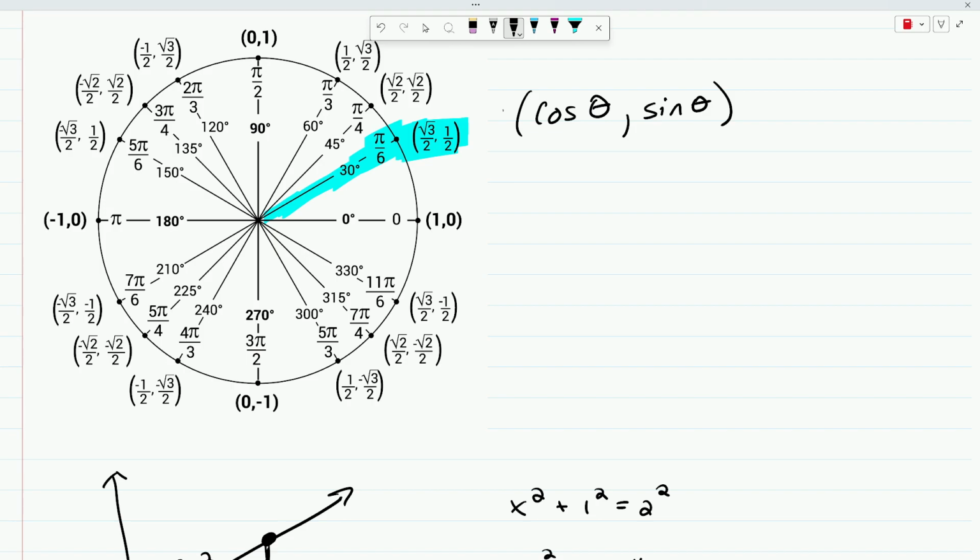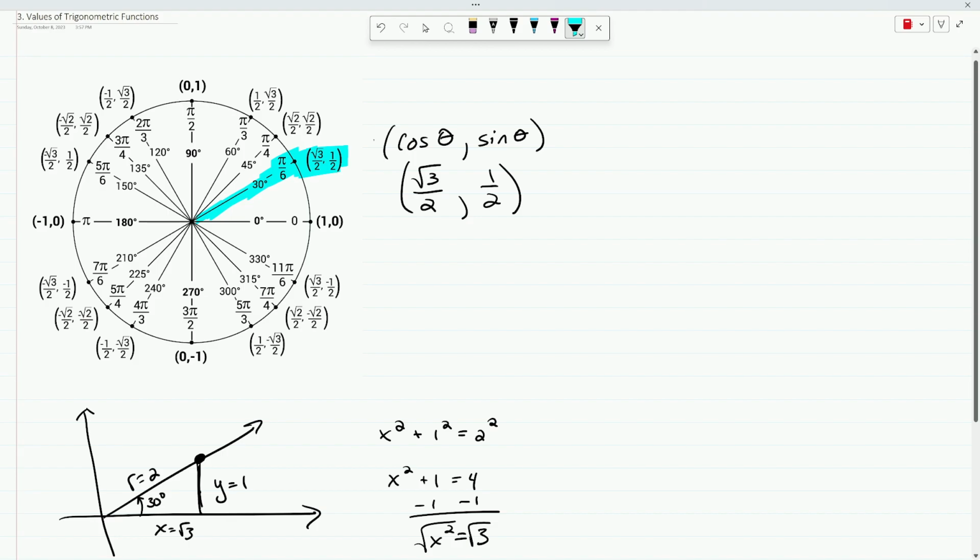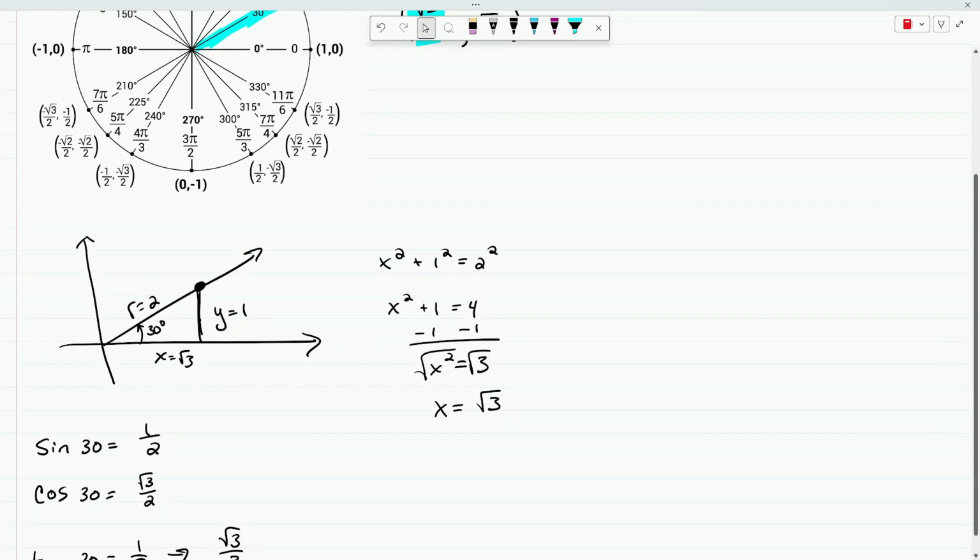So the cosine of 30 degrees is the square root of 3 over 2, comma, the sine of 30 degrees is 1/2, which if I just zoom out here a little bit, that's exactly what we have here, and I'll match it up with the highlighter. Cosine of 30 degrees, square root of 3 over 2. That's all the way down here.